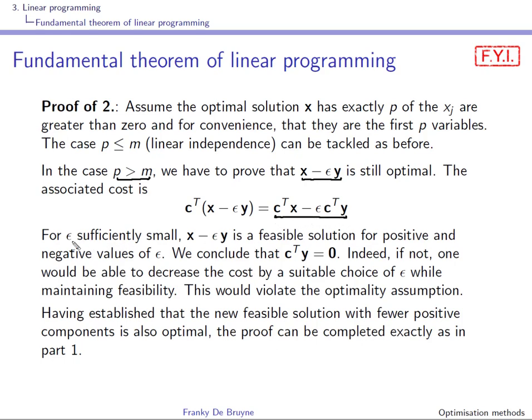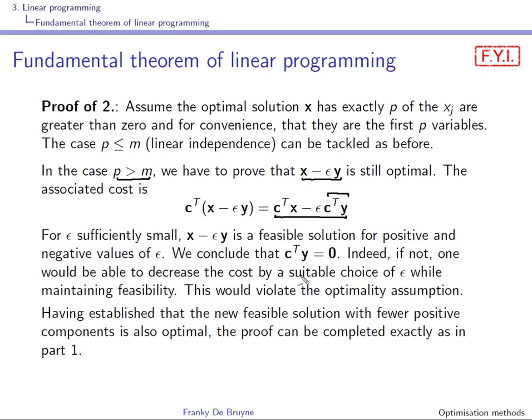But for epsilon sufficiently small, x minus epsilon y is a feasible solution for positive and negative values of epsilon, as long as epsilon is sufficiently small in absolute value. So we have to conclude that this thing here is equal to 0.